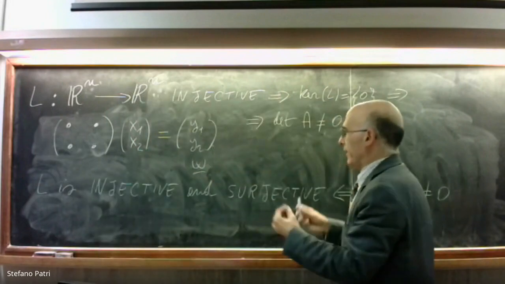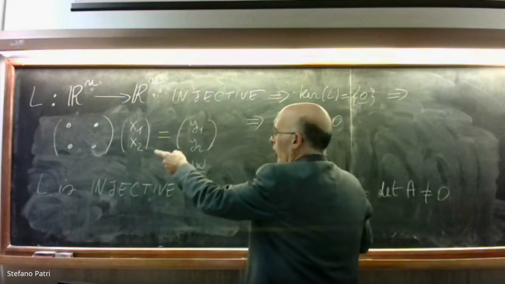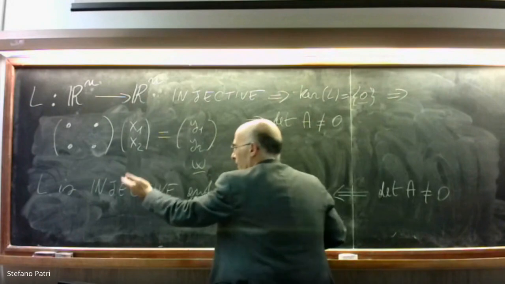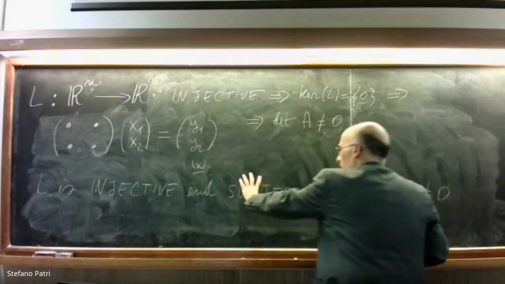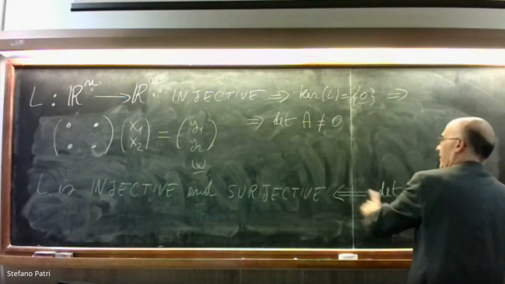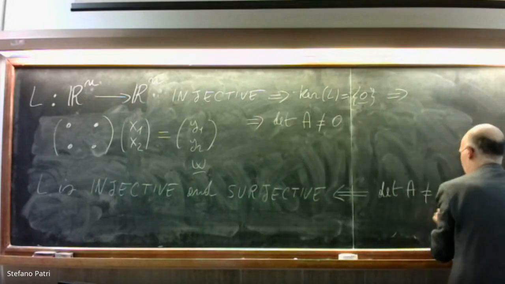This is the characteristic of a linear application which is simultaneously injective and surjective. This concept is equivalent to saying that the matrix is a square matrix having non-vanishing determinant.